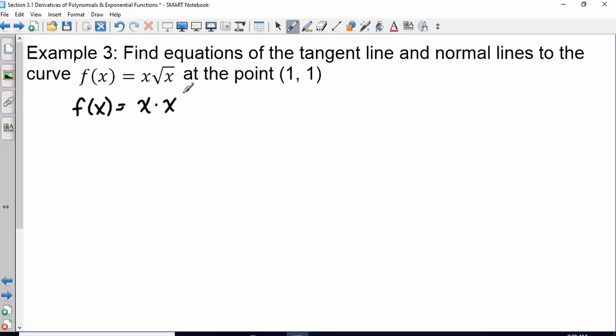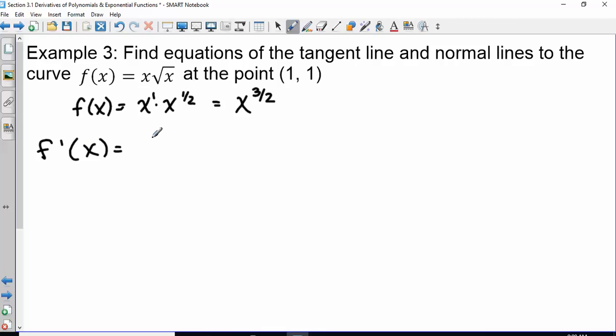The square root of x is like x to the 1/2. If you're multiplying, what do you do with those exponents? Add them. So this is like an x to the first times an x to the 1/2, so 1 plus 1/2 is 3/2.